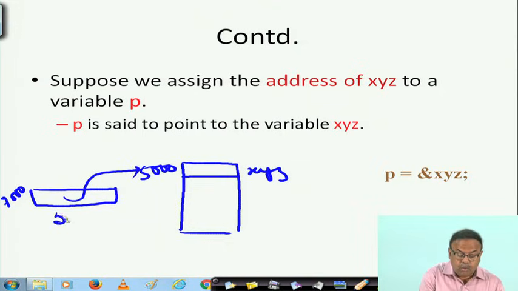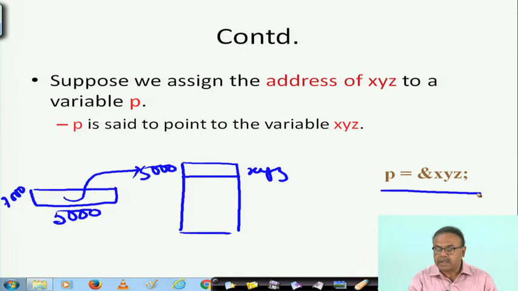That means this was being loaded with 5000. How is that being done? How is 5000 being written inside this location? The statement is just like any other assignment: this variable's name is p, p is assigned the address of xyz. So, p assigned and xyz.